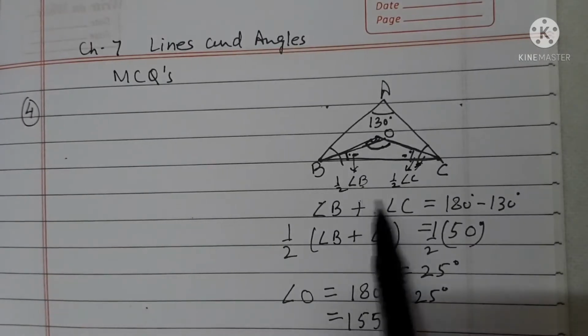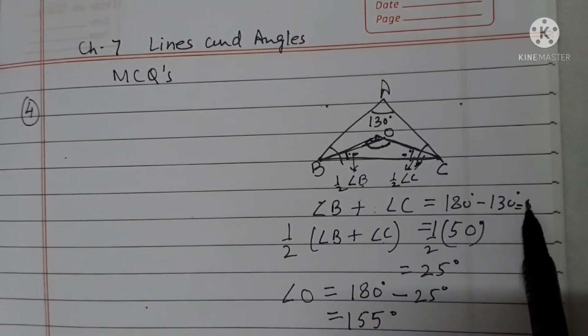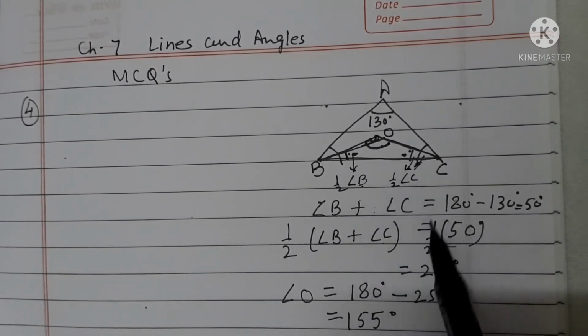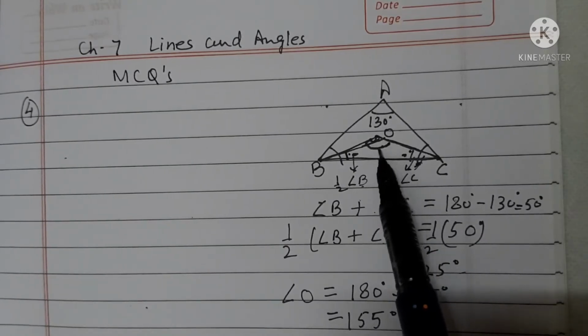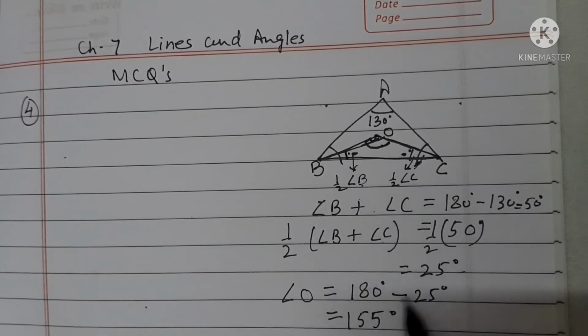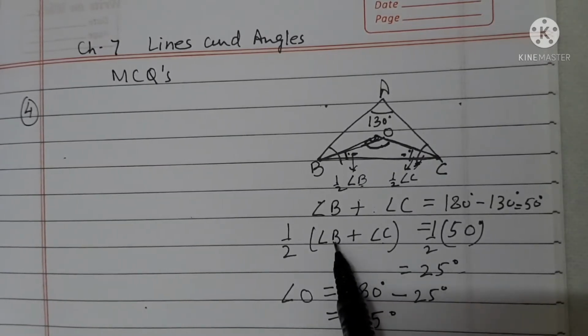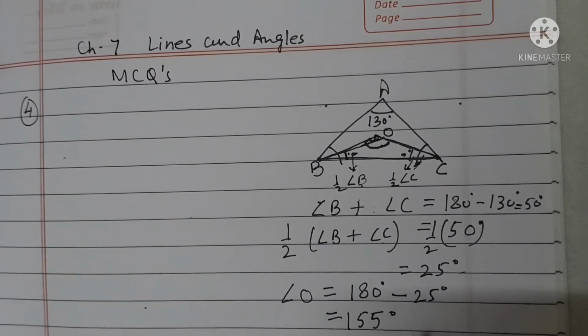Half angle B plus half angle C, or angle B plus C, is equal to 50 degree. So you get the sum of half also. This is 25. So third will be subtract from 180 to 25 degree, which is the sum of half of B plus half of C. Choose the option.